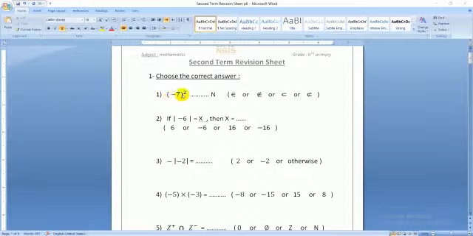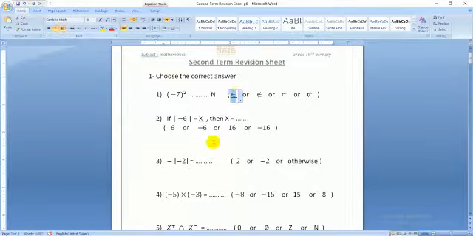So negative 7 power 2 is the same as 7 power 2. 7 power 2 equals 49. 49 belongs to the natural numbers. So the answer will be natural number.